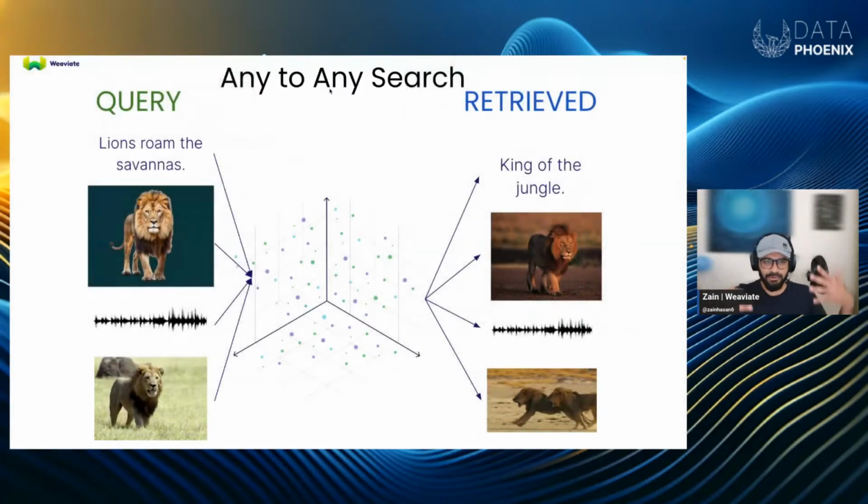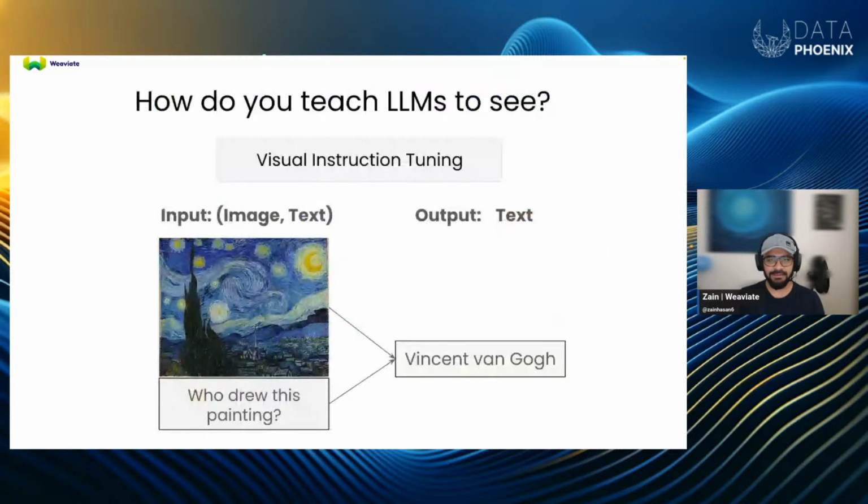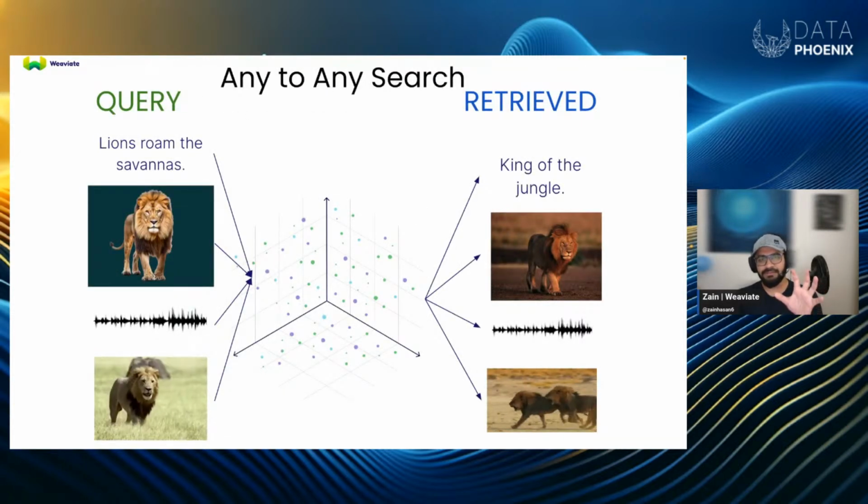Right? And so it's pretty flexible, and our machine learning models can now do this any to any search that humans are really good at as well. And you can flow information from one modality to another, and you can do retrieval across modalities as well. Okay, so that gets us the embedding portion that we need for our vector database.